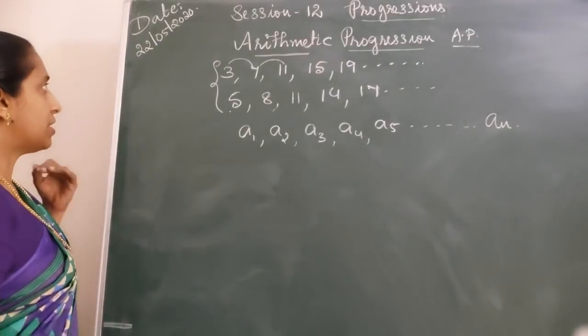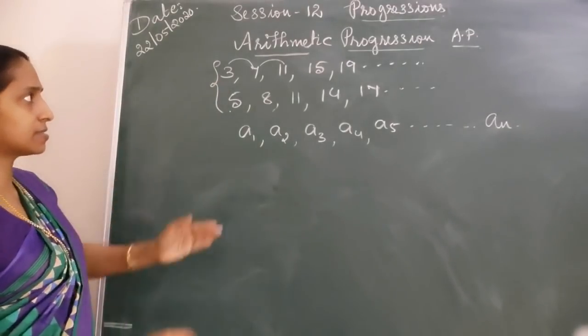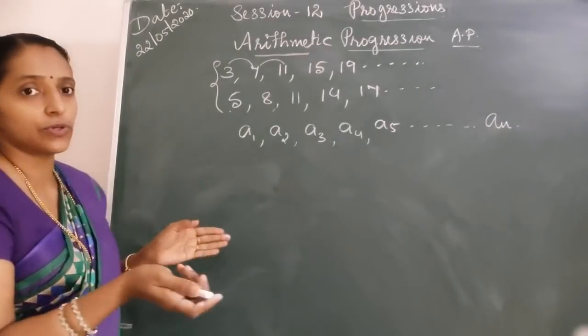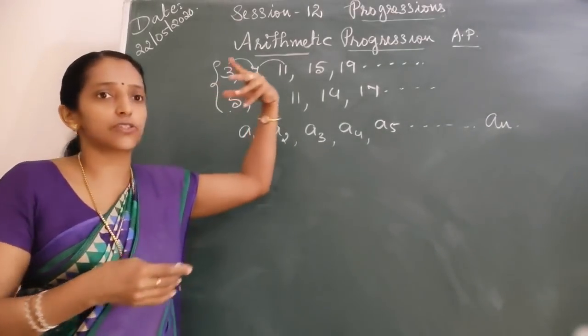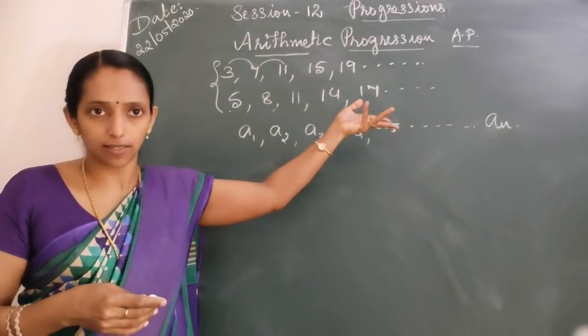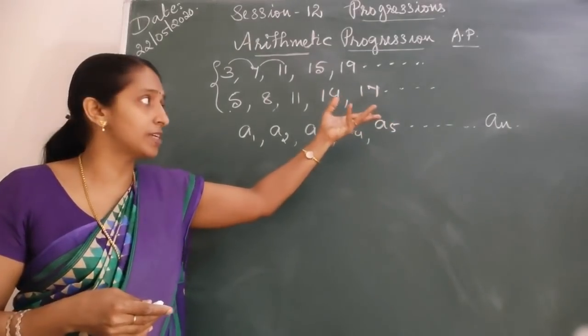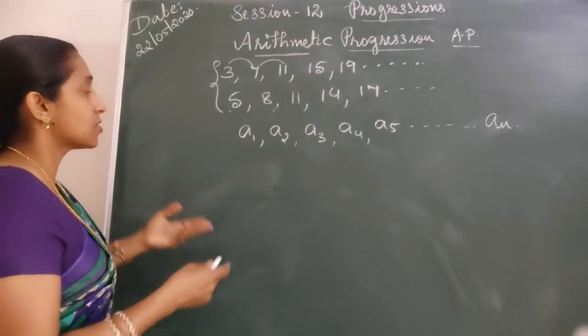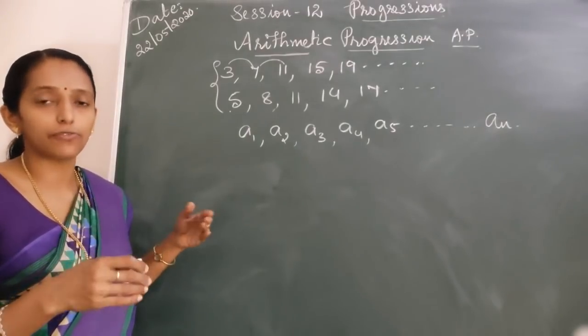So if you have a sequence, suppose you have to find the next 5 terms of the sequence. Of course, you can find them. How will you find them?